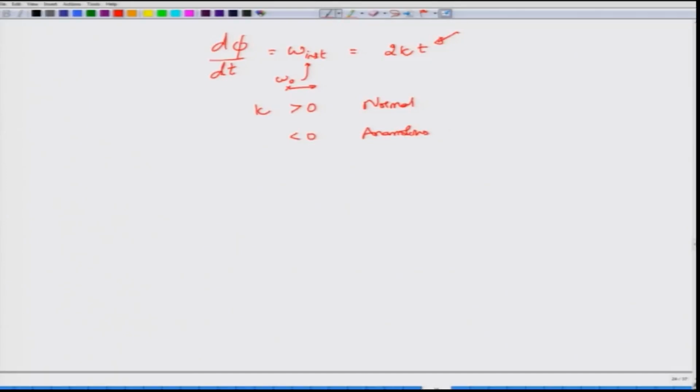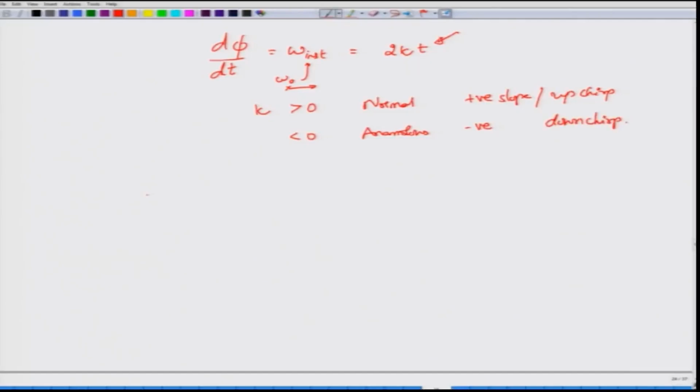Therefore, in the normal dispersion, kappa sign is positive. So, what we have is a positive slope, or sometimes called up chirping. Chirping is a phenomenon wherein the phase of the pulse actually depends on the pulse time itself. So, across the pulse the phase actually changes, and for the case when kappa is less than 0, you have what is called the down chirp.